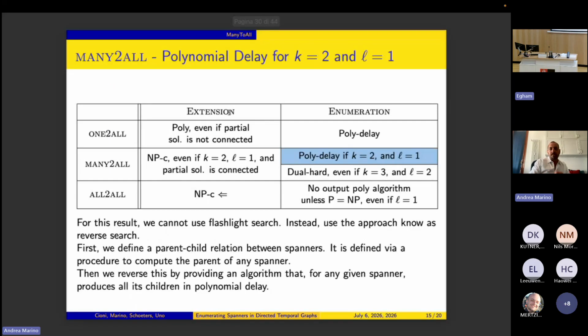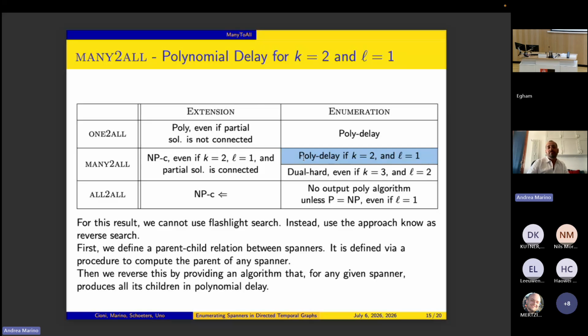But now we go to the positive result, which is instead for a very specific case: polynomial delay for the case with 2 sources and L equal to 1, so temporality equal to 1.